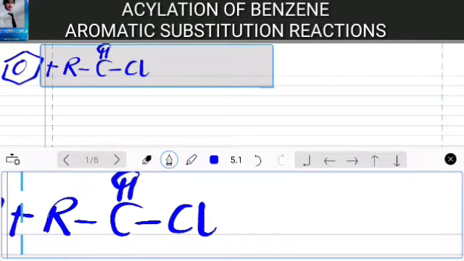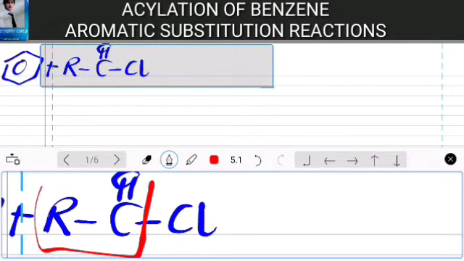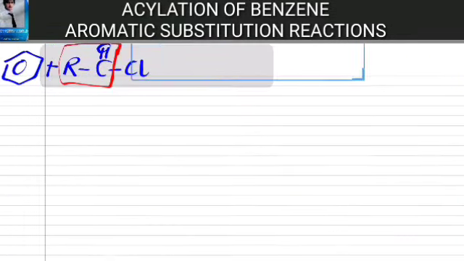For acylation we have to know what an acyl group is. So this is termed as our acyl group.